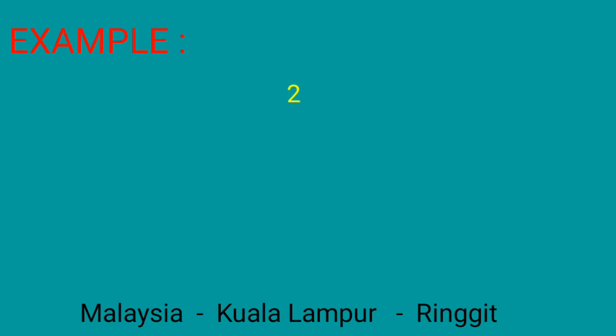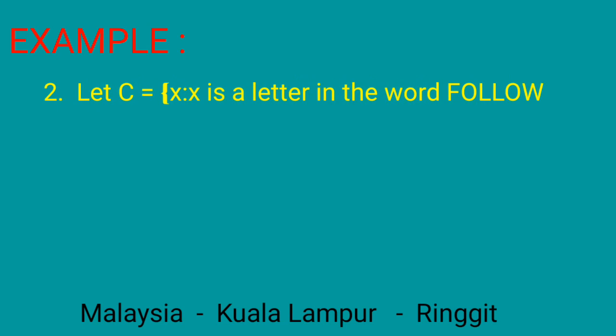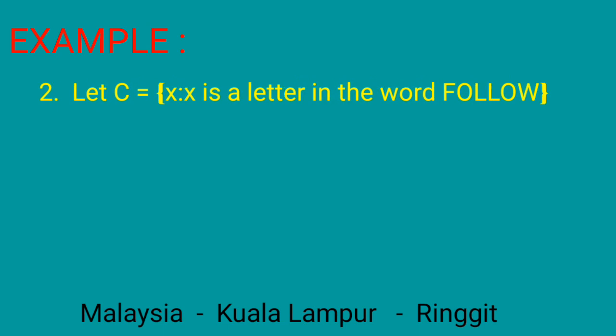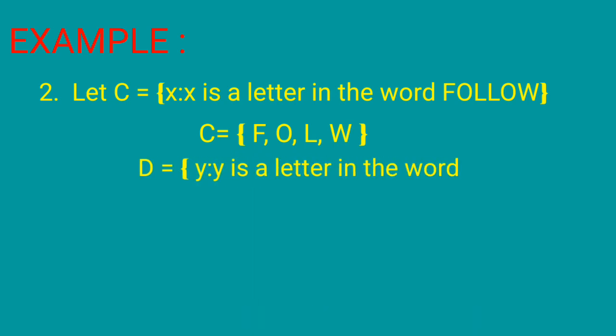Example number 2. Let us consider a set C which is equal to the set of all x such that x is a letter in the word FOLLOW. When you convert C to roster form, you get C equals F, O, L, W. Another set D equals the set of all y such that y is a letter in the word WOLF.